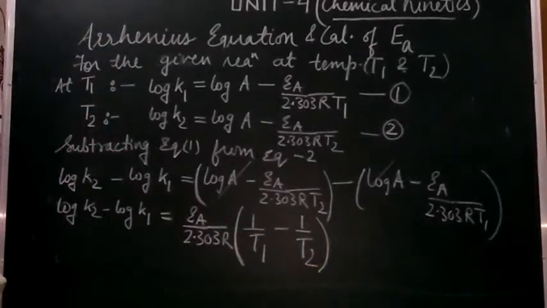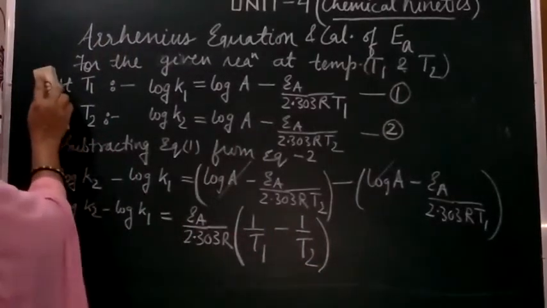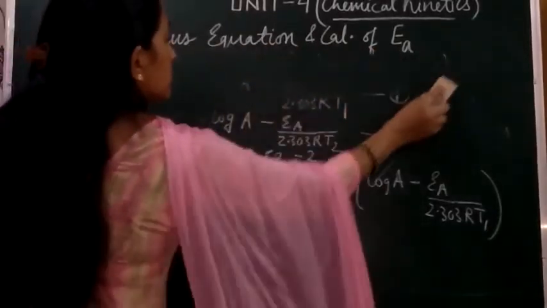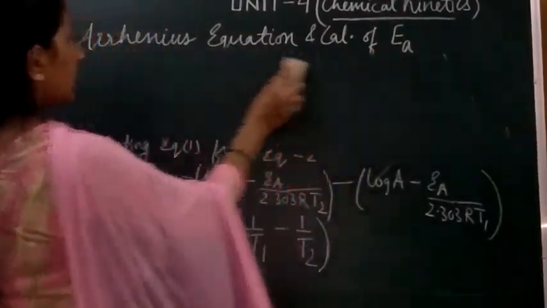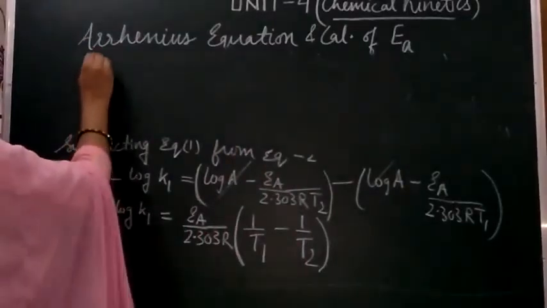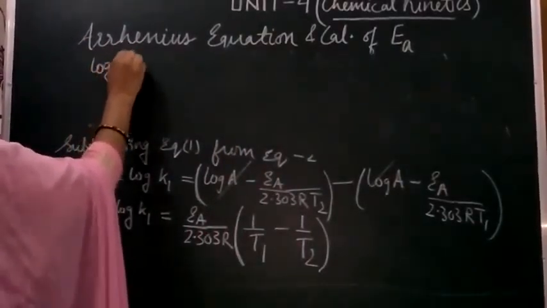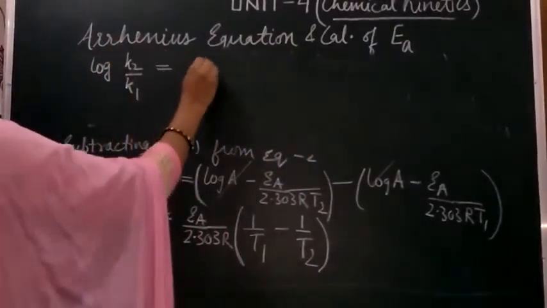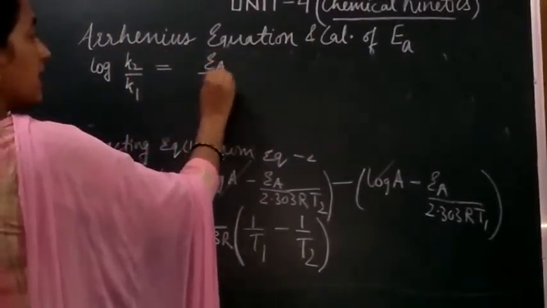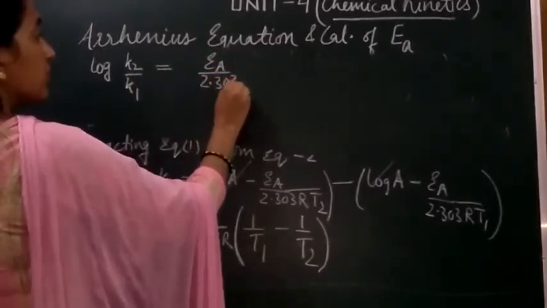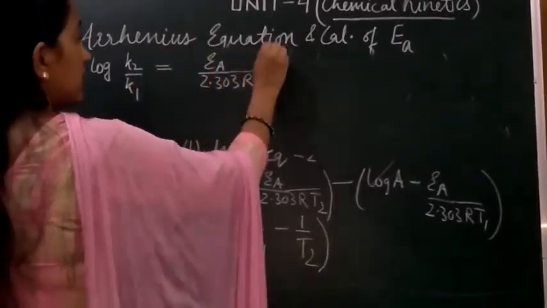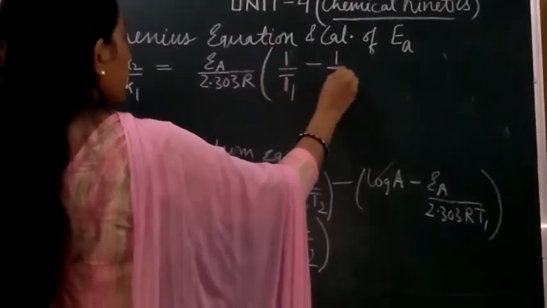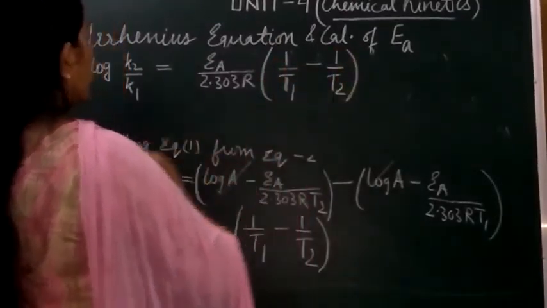Right students, now we will finally make up the equation. So it will be log k2 upon k1 equals Ea upon 2.303 R within bracket 1 upon T1 minus 1 upon T2.